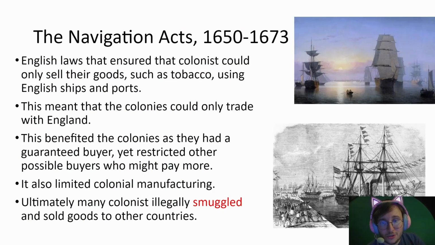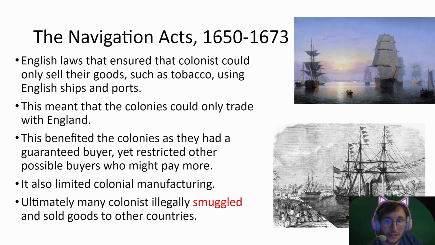Now, in order to keep trade going to England and not other European countries, the Navigation Acts of 1650 and 1673 were a series of English laws that restricted colonial trade to English ships and ports.